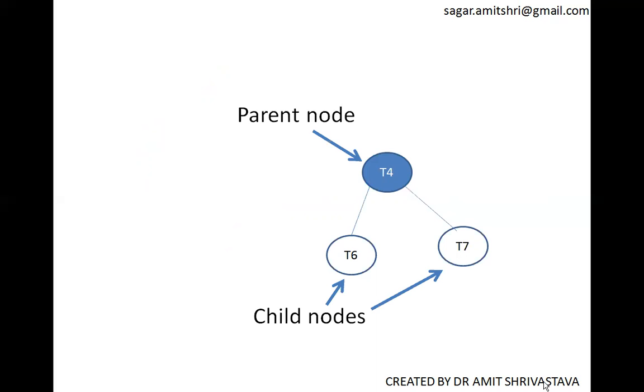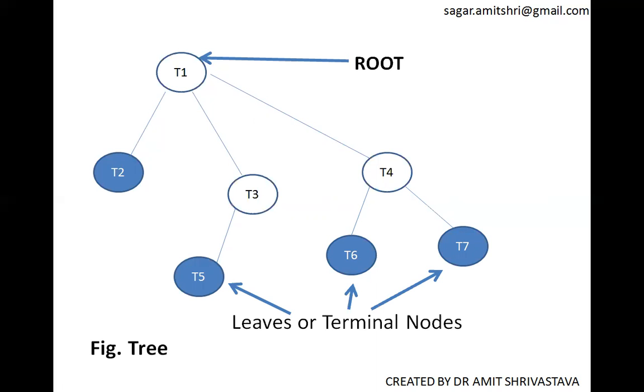Now let us look at this example. So here T4 is connected to T6 and T7. So these T6 and T7 will be called as child nodes of this T4, and T4 is a parent of T6 and T7. Now again another example.